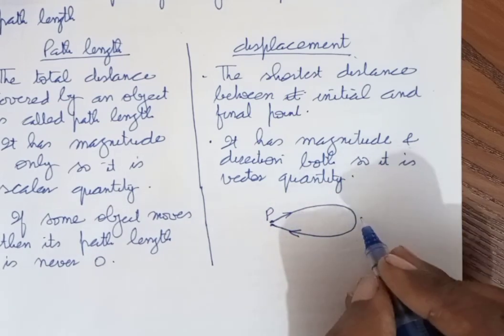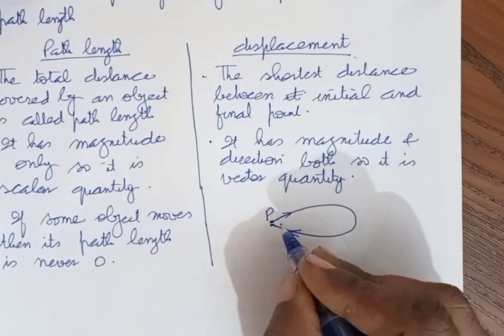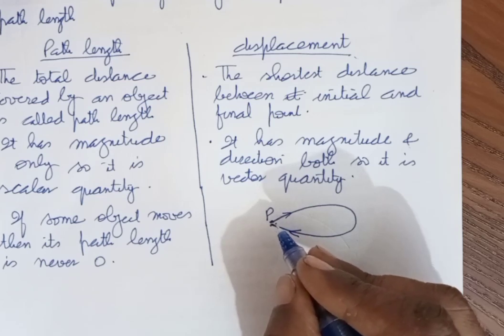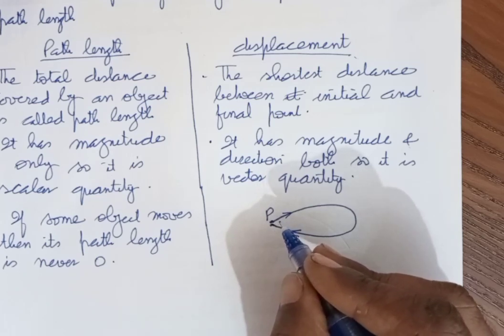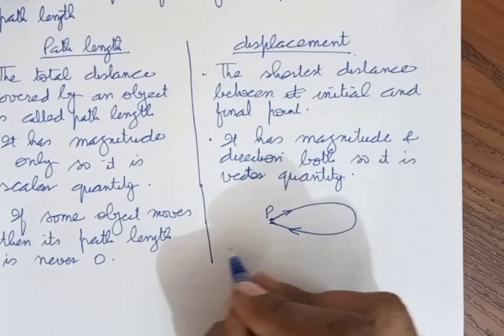In this case the path length is 10 meter but displacement is 0. The total distance covered is 10 meter, but the displacement is the distance between the initial and final point, which is 0. If you go to market and, after purchasing something, come back to your home, then your displacement is 0, though your path length is never 0.